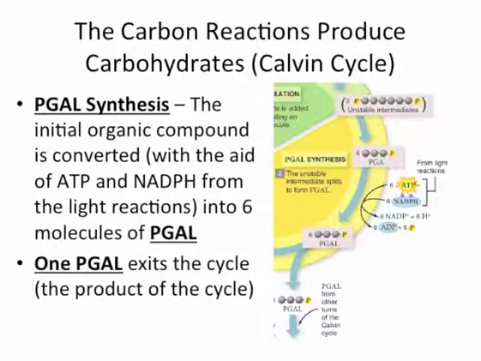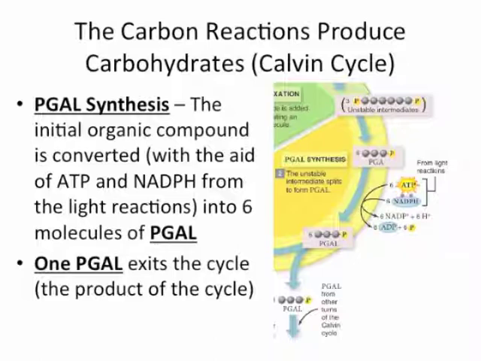So that second step is pGal synthesis. The initial 6-carbon organic compound is converted with the aid of ATP and NADPH into 6 molecules of pGal.